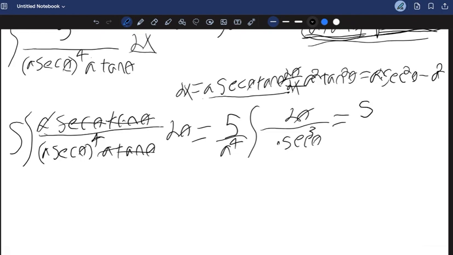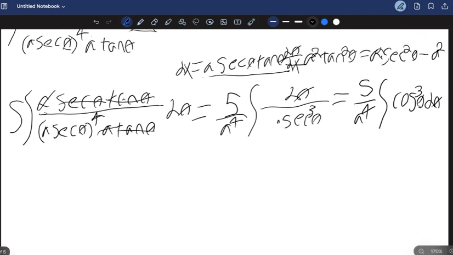So we have 5 over a to the 4 integral cosine theta to the 3 d theta. Just much easier to evaluate using u substitution. Cosine squared theta times cosine theta d theta.